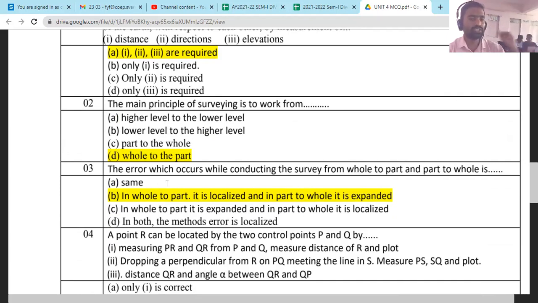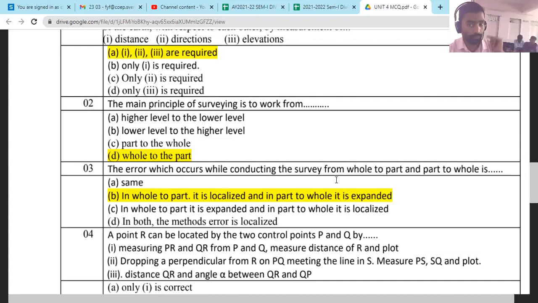The error which occurs while conducting the survey from whole to a part and part to a whole is, see what he is saying, he is speaking about the errors. Our main principle is whole to a part.